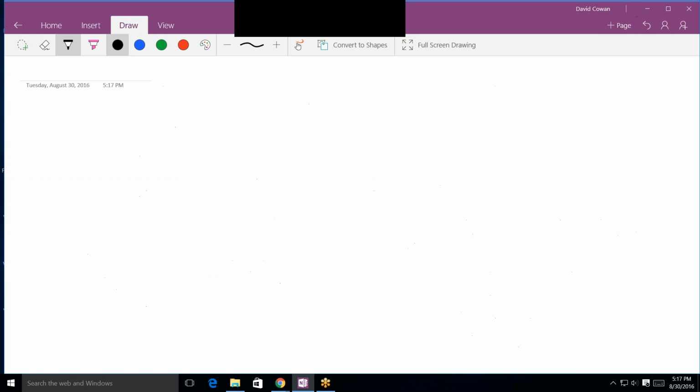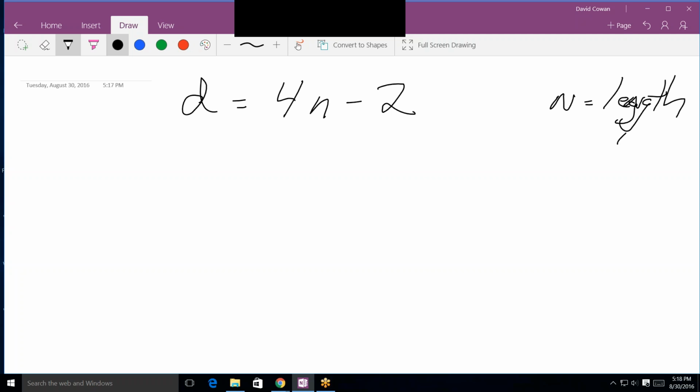All right. Okay, so now we have another one like that. The penny size d of a nail is given by the literal equation d equals 4n minus 2, where n is the length in inches of the nail. Solve the equation for n. You can't factor that out.